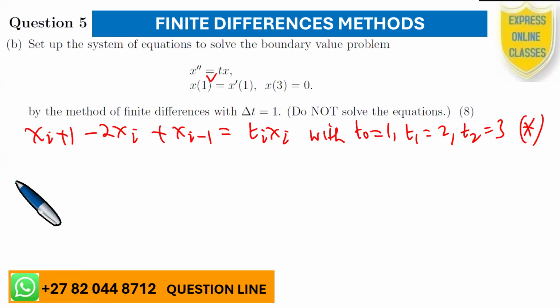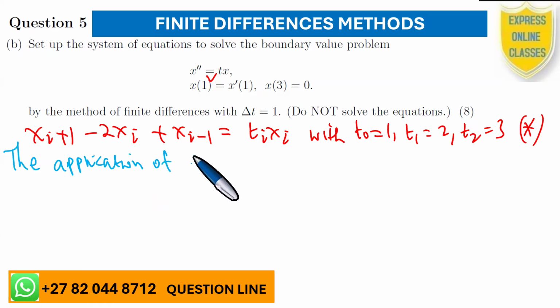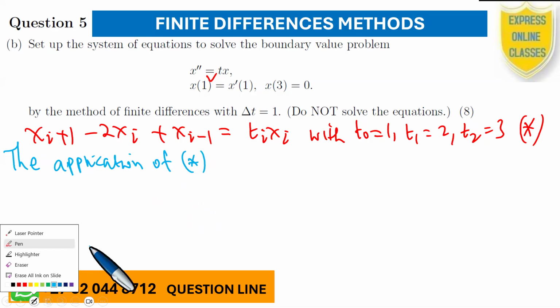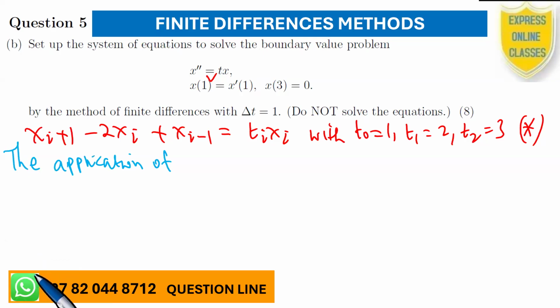Then we say the application of star at the grid points.